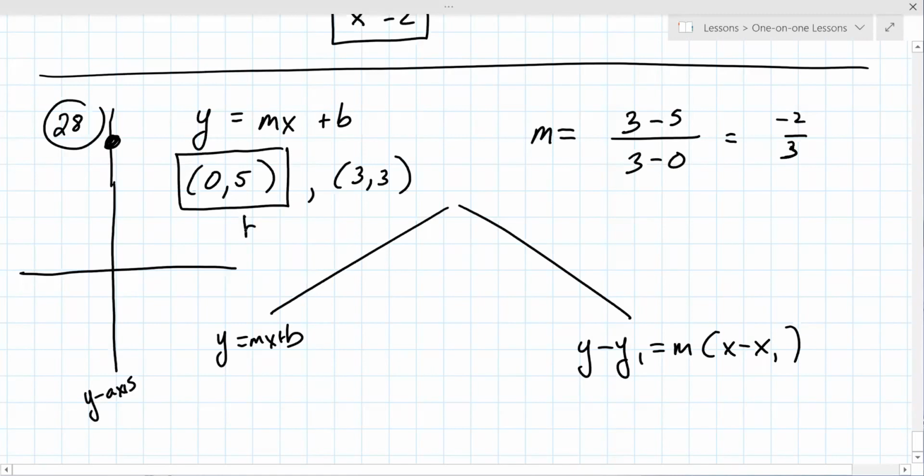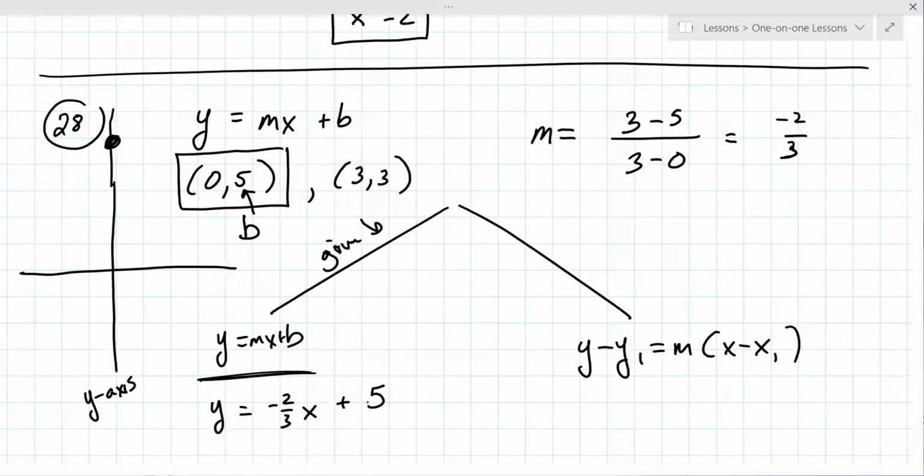So this is the b value. When they give you b, you want to go down this path over here on the left because you have the slope and you have the b value. So it's y equals minus 2/3 x plus 5. But that only works because you have the b value. If you don't have it, you want to go down this other road.